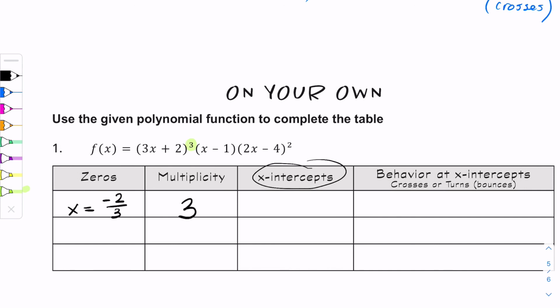So where are you going to plot that point on the graph? You would plot a point at -2/3, 0. And the behavior at the x-intercept, meaning does it cross or turn? Because the multiplicity is 3, that's an odd number. That tells us that it's going to cross.